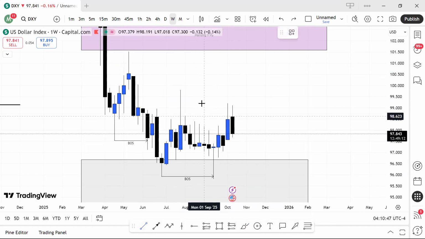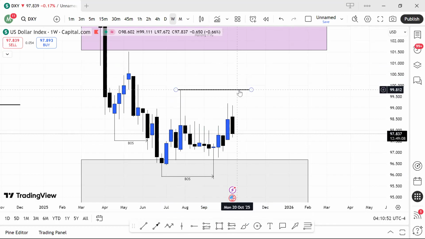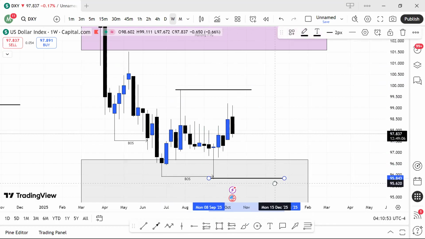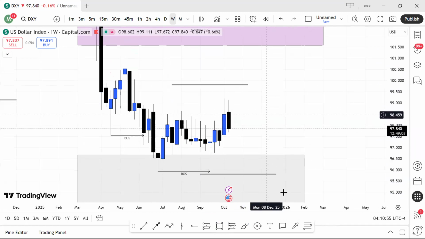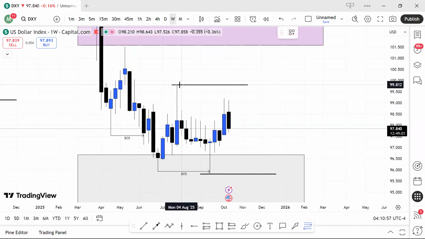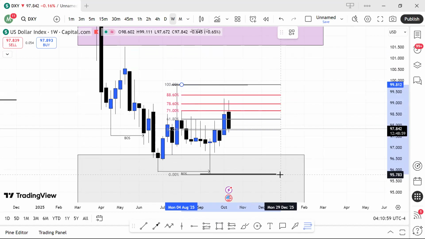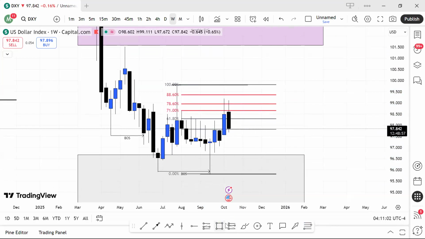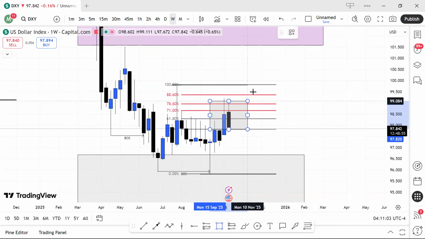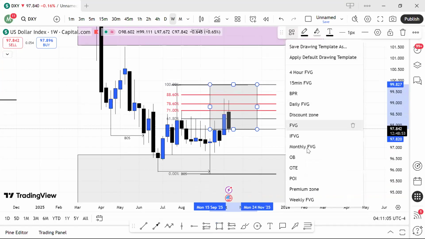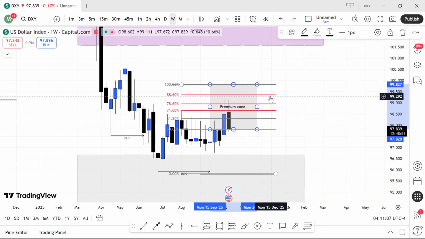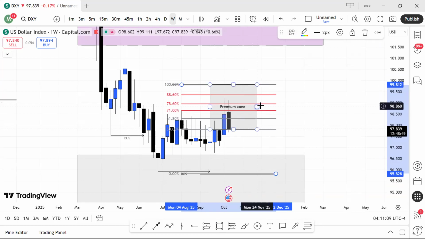Then if I measure this trading range, this line here and this one here, this is right now my trading range. So the market is typically respecting within the premium zone, which is the 50% of this trading range that is resting up here. And at the same time, let me take it on the side.